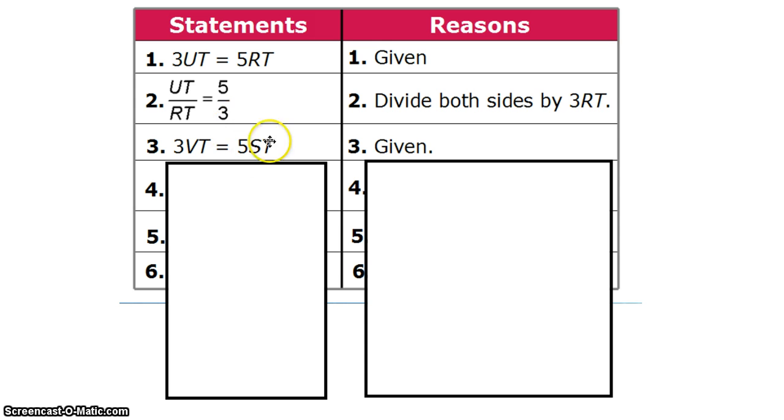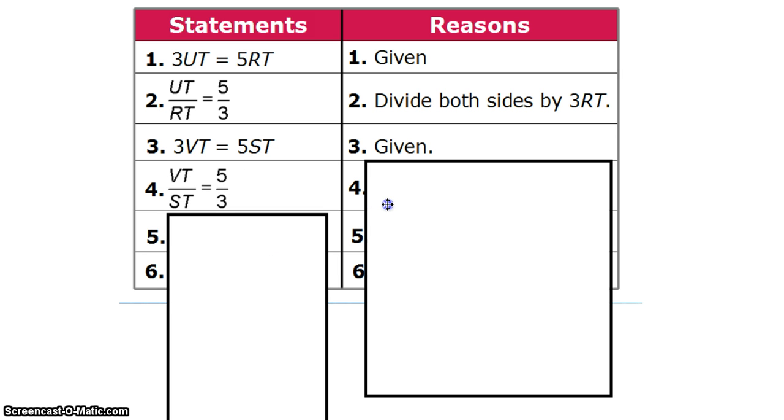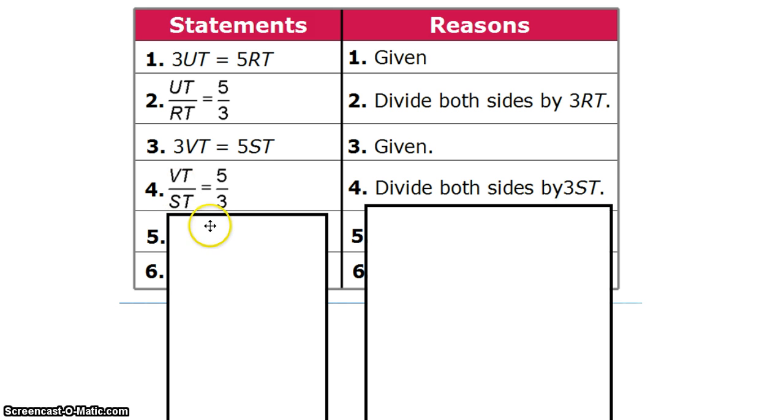So we would divide the side that has a factor of 5 by what in order to get 5/3 over here? ST. We'd have to get ST out of there and 3, right? Isn't this interesting? It's not dividing by a factor that you see. It's one that you're coming up with. If you divide both sides by 3 ST, you end up eliminating the ST from the right side, and you see that this proportion also equals 5/3.